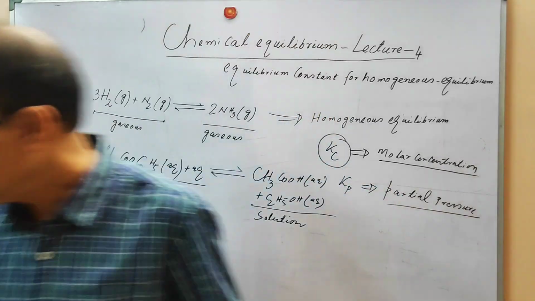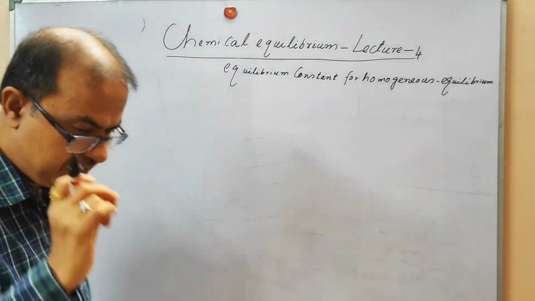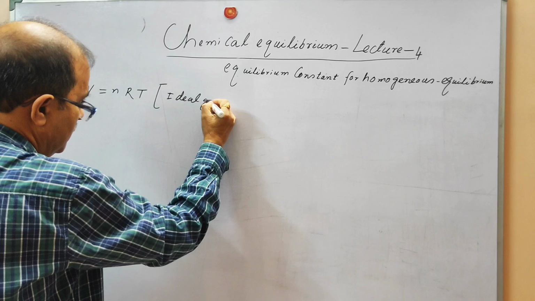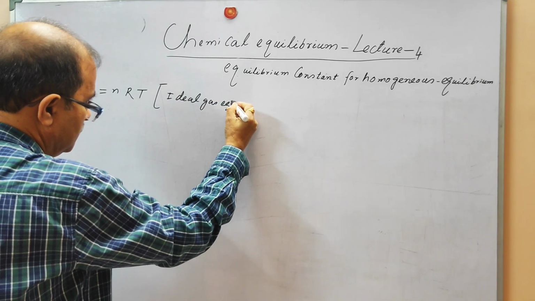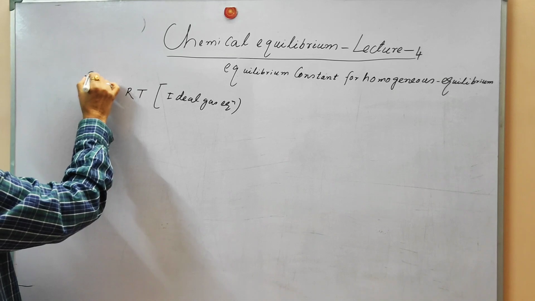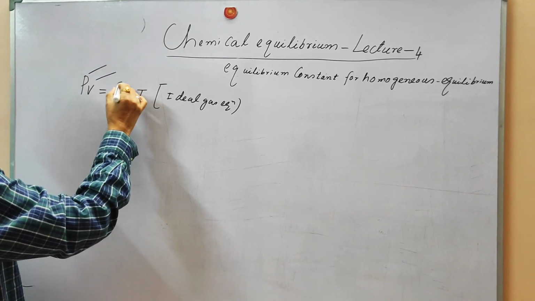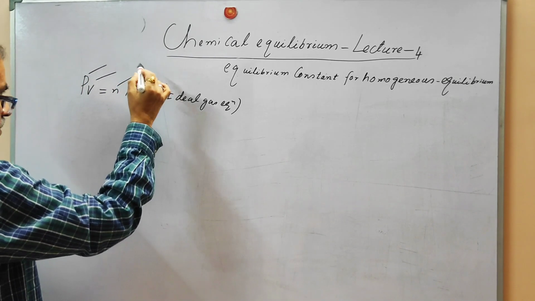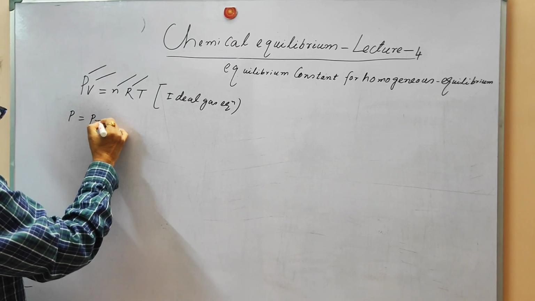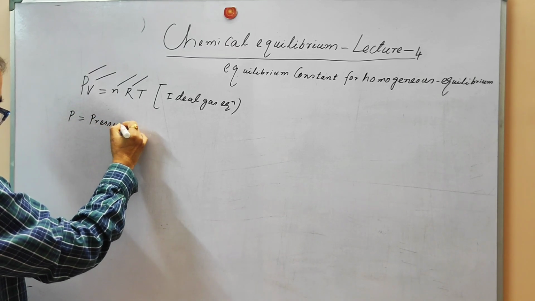First, the reactant and product ideal gas equation. So what is the notation that we know? This is the pressure, this is the volume, this is the mole, this is the constant. So we can write here, this is the pressure of the gas.